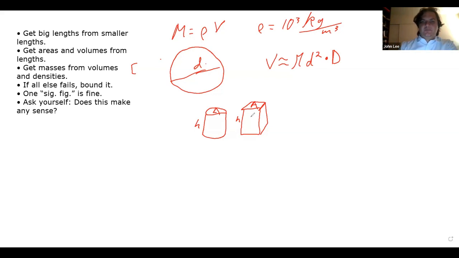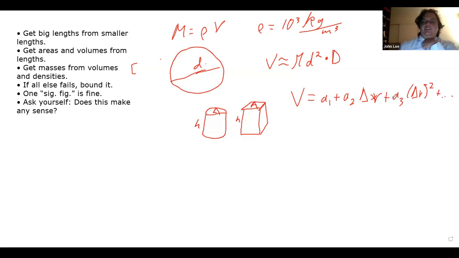So V equals A1 plus A2 delta R plus A3 delta R squared plus so on and so forth.